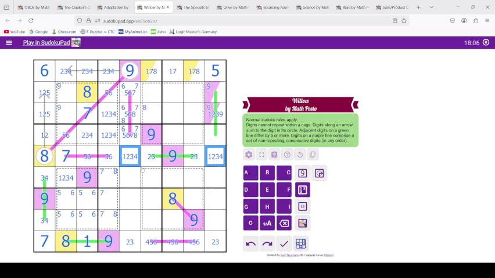These are no longer 2 or 3. It's a 1, 4 pair. 8 goes in one of those 2 cells. In this box goes in one of those 2 cells.